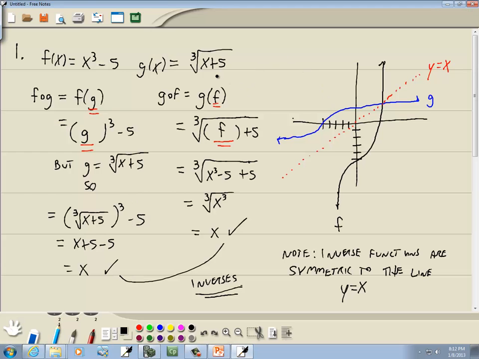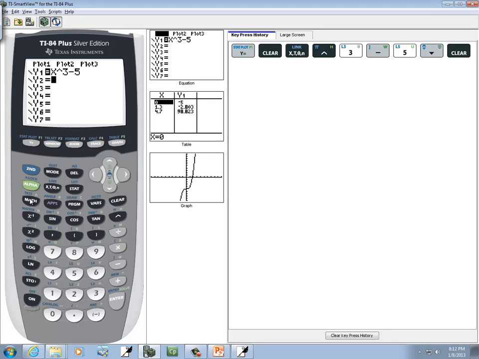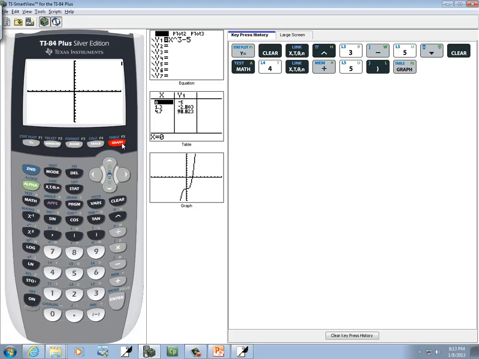We want the cube root of x plus 5. So press math, and the cube root is the fourth one, so I'll press 4. And then x plus 5, and then closing parentheses. And now if I graph these by pressing the graph button, you can see a lot better that they are truly inverses of each other.